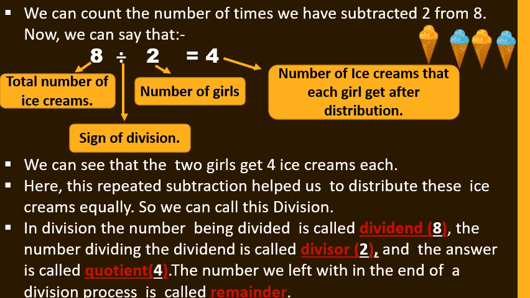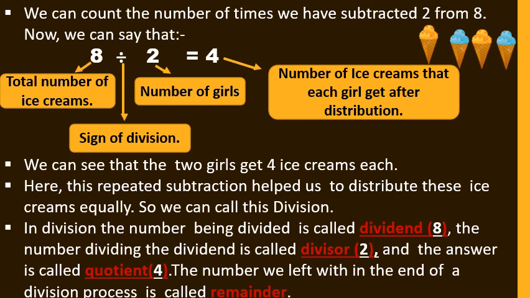In division, the number being divided is called the dividend. So in this example, the dividend is 8. The number dividing the dividend is called the divisor. Here 2 is the divisor and the answer is called the quotient.